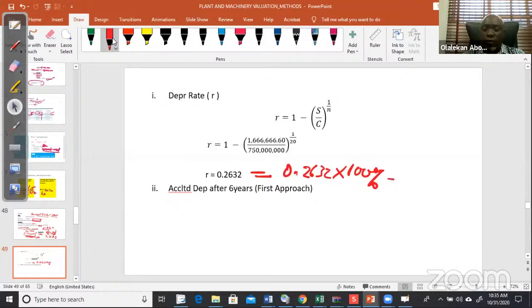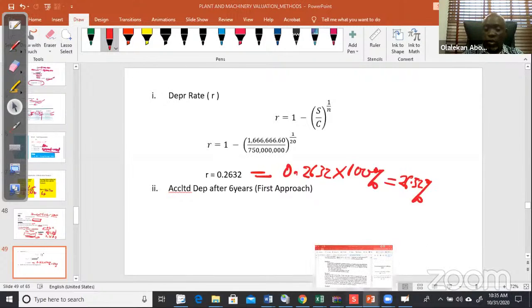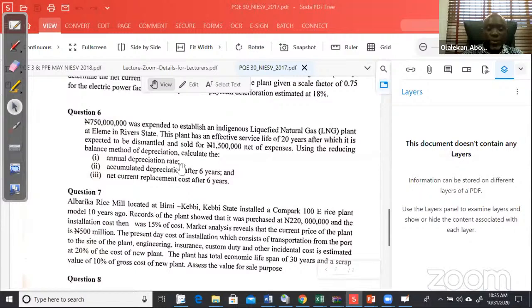That will now give you 26.32%. Now, that is the rate. That's the first part of the question. We have determined the annual depreciation rate already.